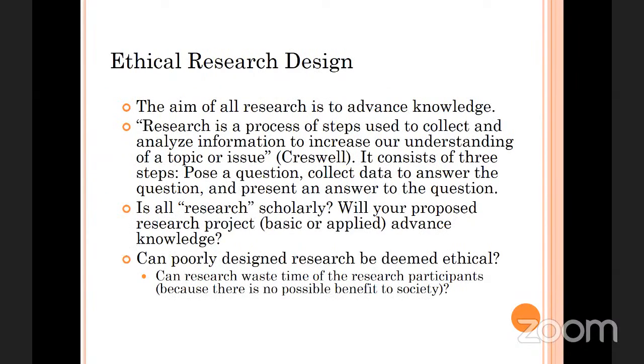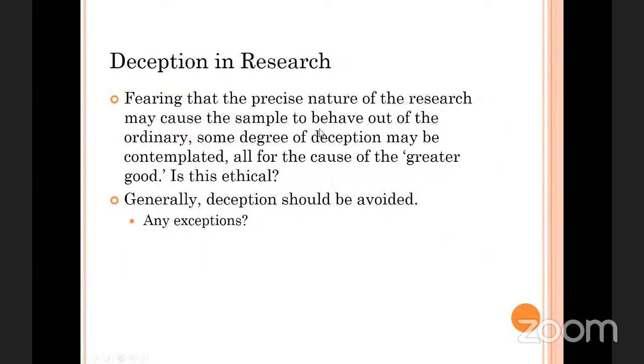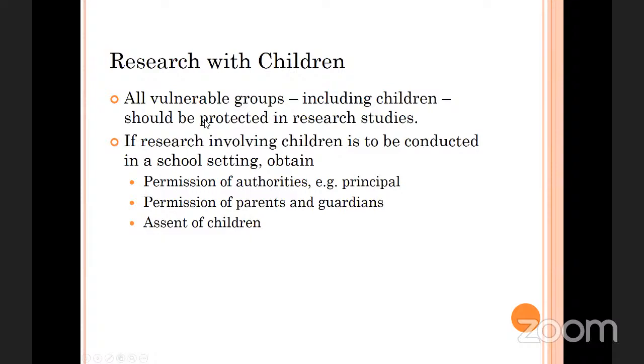Some people say, no, but the students are learning. But how can you be learning if you design bad research? That is why you try to find a good supervisor or other people who can tell you your research is not well designed, so you don't waste your time before you start, for obvious reasons. Generally speaking, we should not deceive people in research. There's exceptions, but anytime this is an intention, it must go to a research ethics committee.